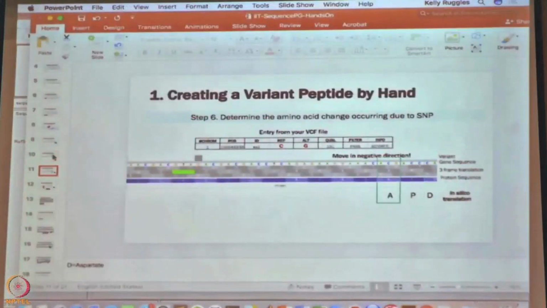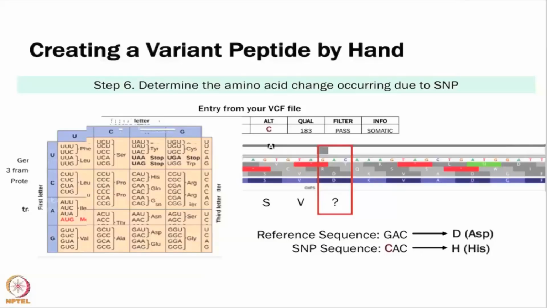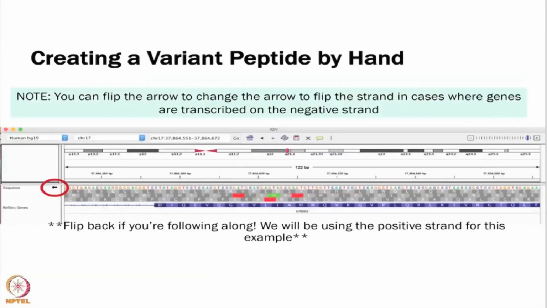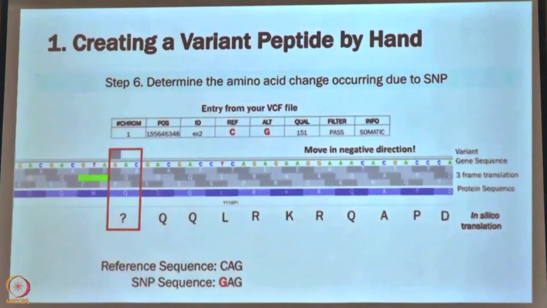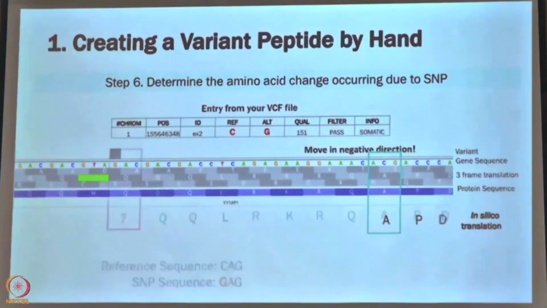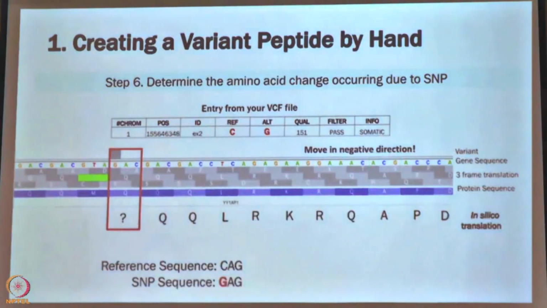When I was showing you this during the talk, you should be able to figure out what that SNP is going to encode instead of what it currently is. So right now we have a CAG, but really it's changing here.